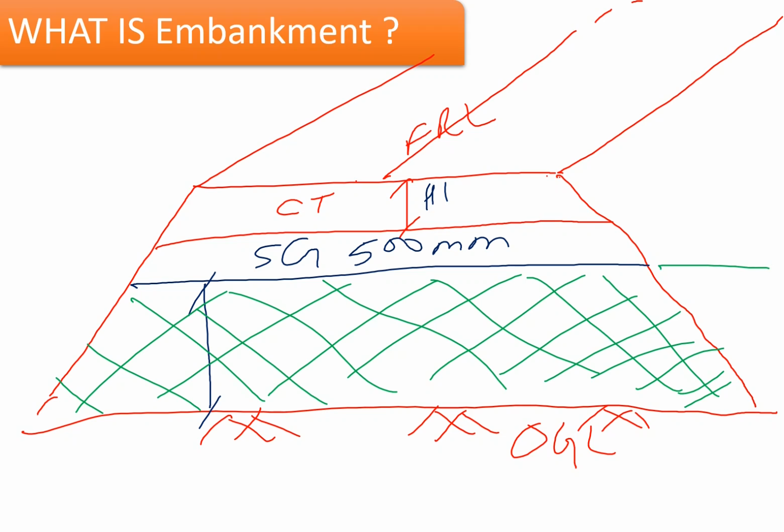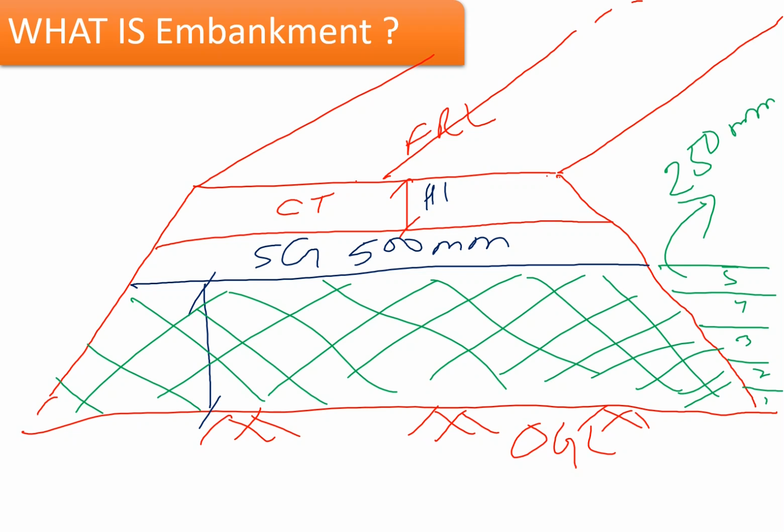So 1, 2, 3, 4, 5. Each layer has a maximum thickness of 250 millimeters. It has to be layer-wise compaction of 250 mm thick layers.